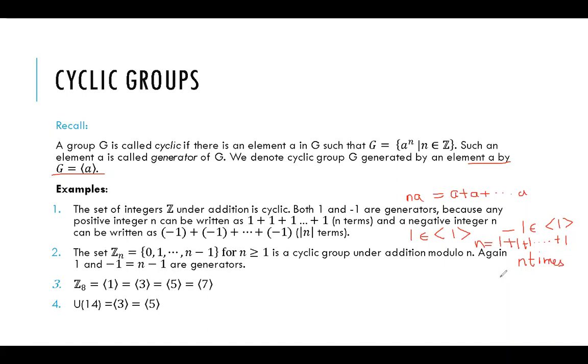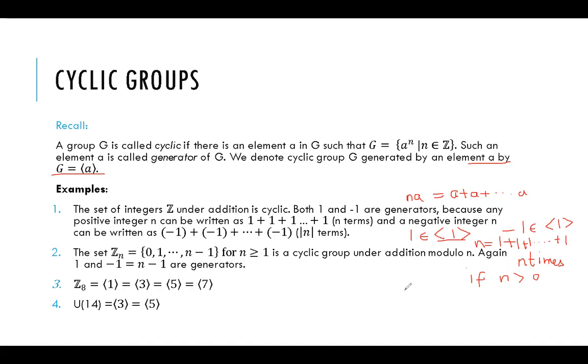But what happens if n is negative? Because in integers we have positive, negative, and 0. We know that 0 is also there because it is 0 times A, and since this is a subgroup, the identity element must be there.